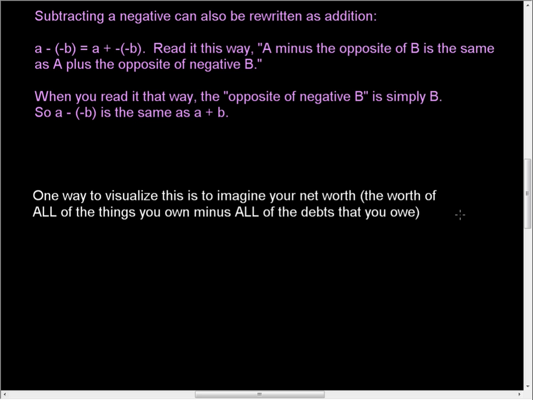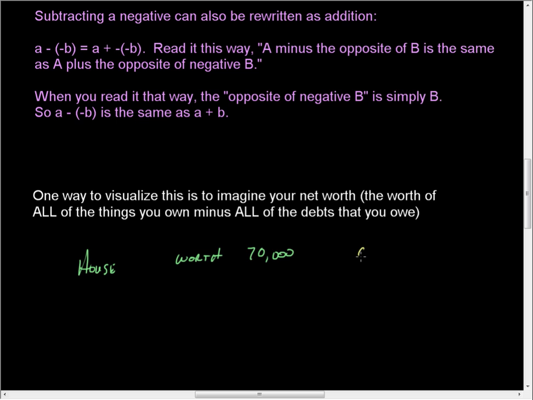Your net worth is the worth of all the things you own minus all the debts that you owe. Okay, so for instance, I have a house. My house is worth about, we'll say 70,000. I have other things too, but let's just look at the house as a simpler example. So my house is worth 70,000.